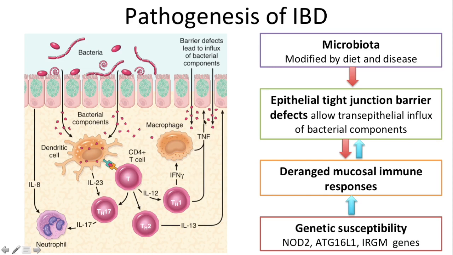now into the mucosa, and these bacterial components present themselves to the dendritic cell, and this will initiate a sequence of inflammatory events, activation of inflammatory cells, and liberation of cytokines, as you can see, such as interleukins, tumor necrosis factor, etc. And these deranged mucosal immune responses lead to a further increase in the tight junction barrier defect, allowing more bacteria to influx into the mucosa and therefore amplifying, initiating and maintaining this cycle altogether.